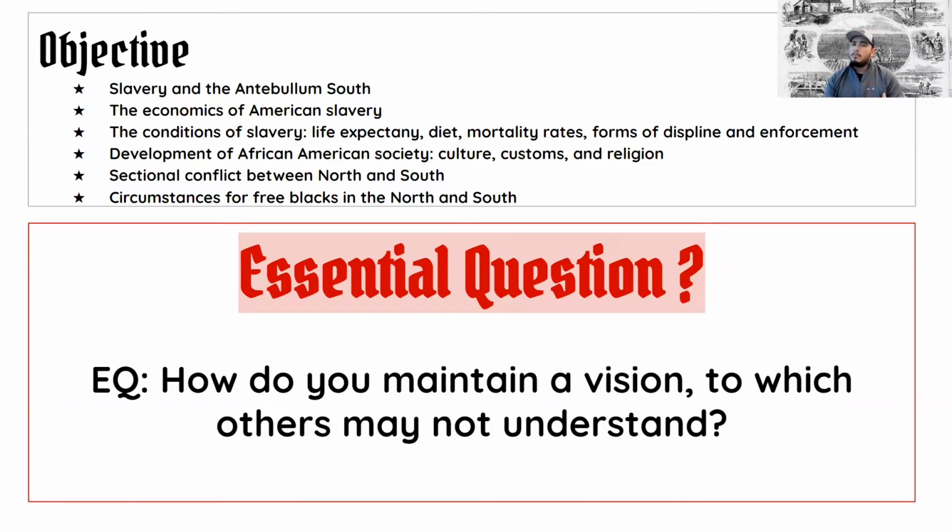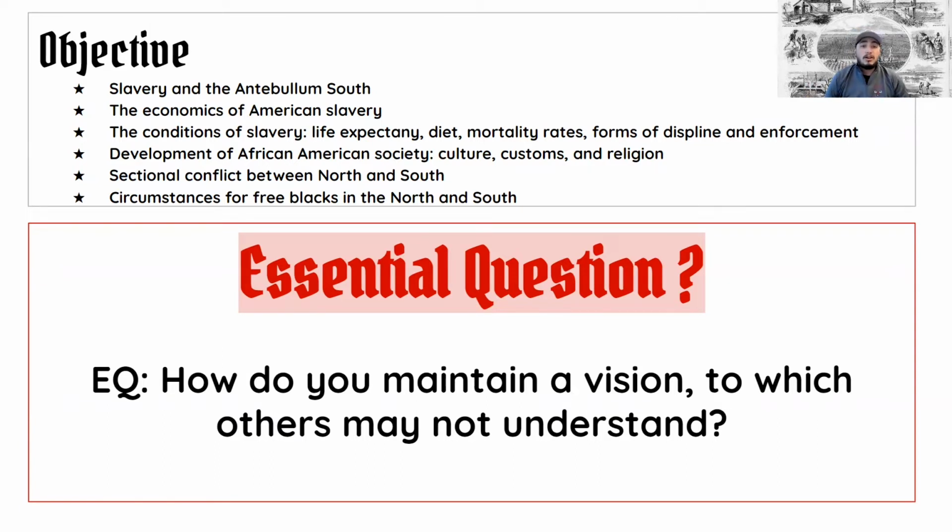We're going to talk a little bit more about the development of slavery under the American system and the economics behind it. We're also going to highlight some of the conditions of slavery, such as life expectancy, diet, etc., that help us see and capture what this system and life was like for those who were subscribed to it by force.